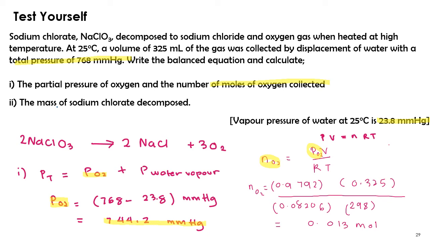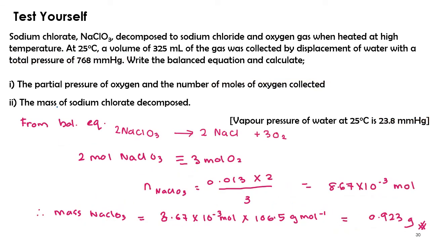You will get 0.9792 atm times volume 0.325 liter, divided by the gas constant 0.08206 times 298 temperature in Kelvin, and then you will get your answer, 0.013 mole.